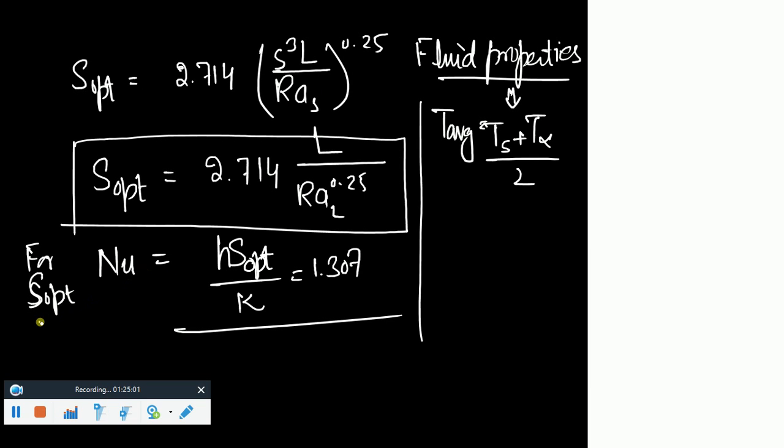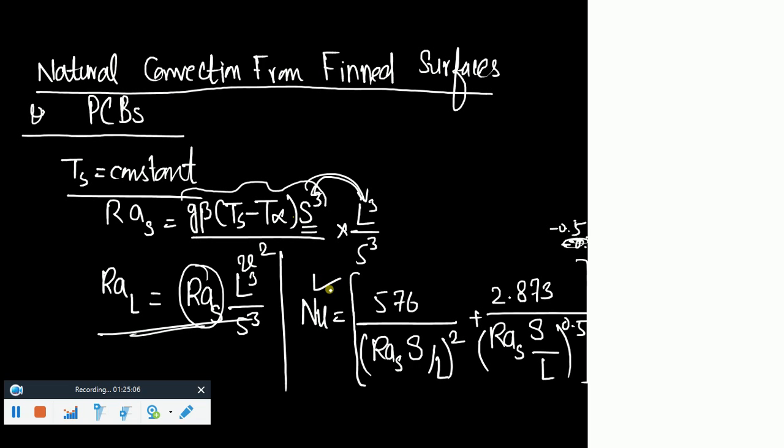For optimum S, not for all the gaps. For the optimum value of that spacing, you have a constant Nusselt number 1.307. That was the optimum thing you can get. The maximum Nusselt number could be in that case. Optimum means either maxima or minima. In that case, it should be maximum. Optimum Nusselt number in this case.